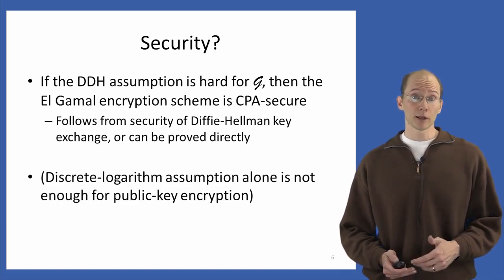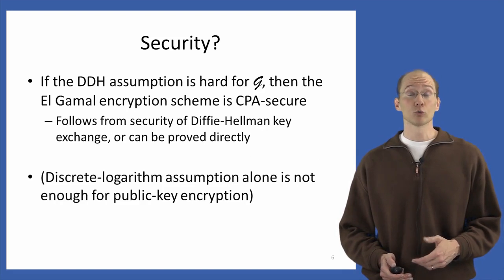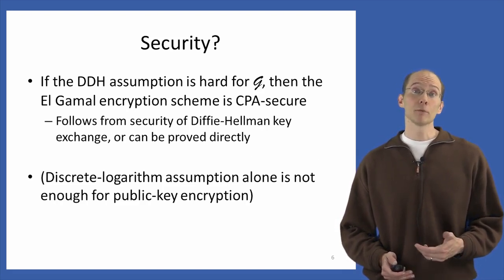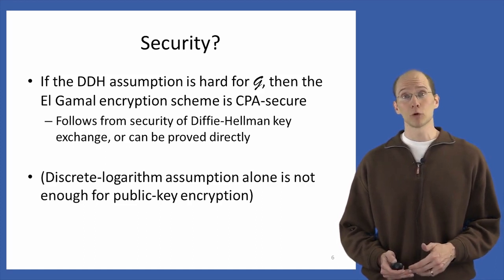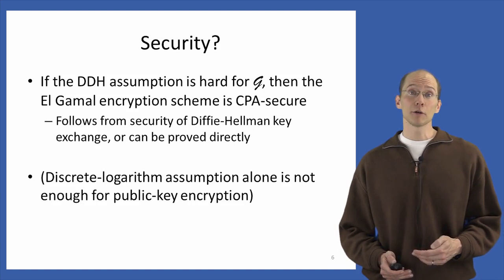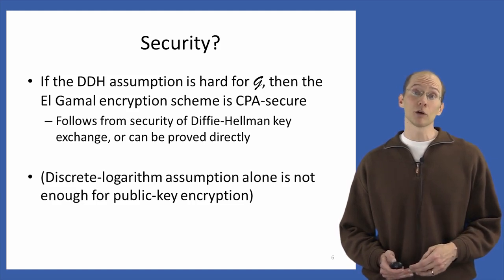Well, the theorem is that if the decisional Diffie-Hellman assumption is hard relative to the group generation algorithm G, then the Elgamal encryption scheme is CPA secure. And really, although you could prove it directly, it follows almost directly from the security of the Diffie-Hellman key exchange protocol.